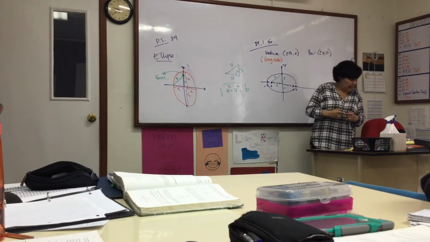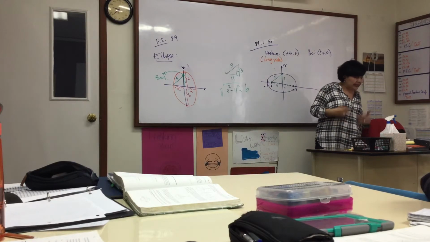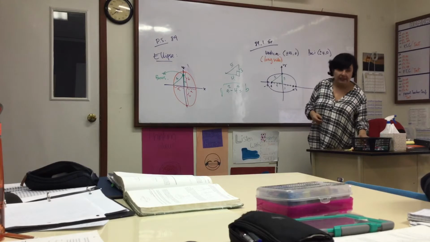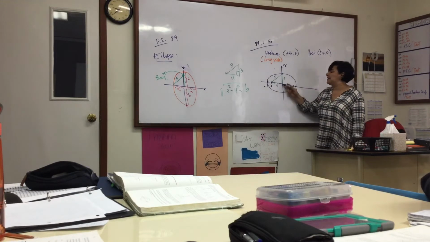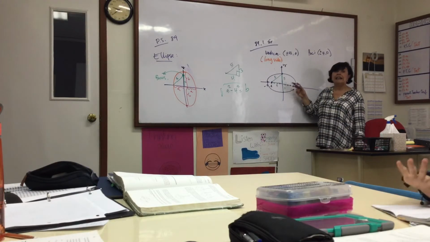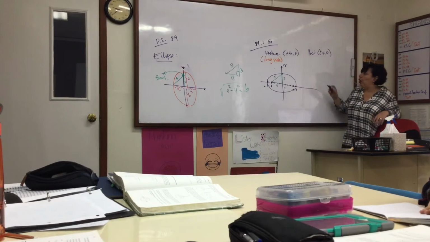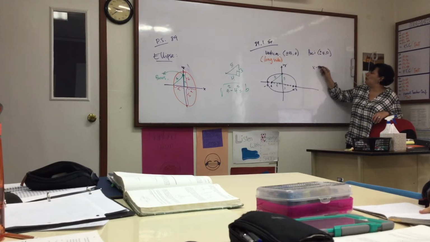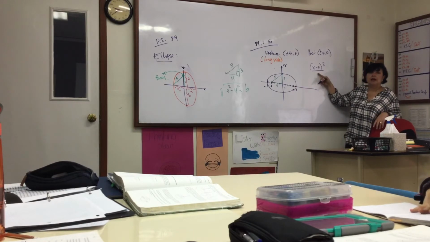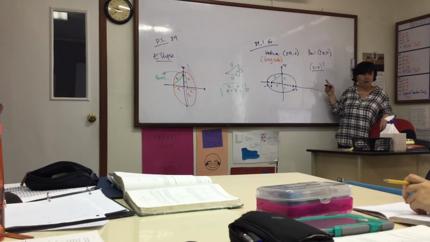Fine. So they're going to ask you to find the equation of that ellipse. We're lucky because this is still centered at the center. So we know that it's going to be x minus 0 squared over, how much is the a? 5. It's 5, but it's squared, remember?